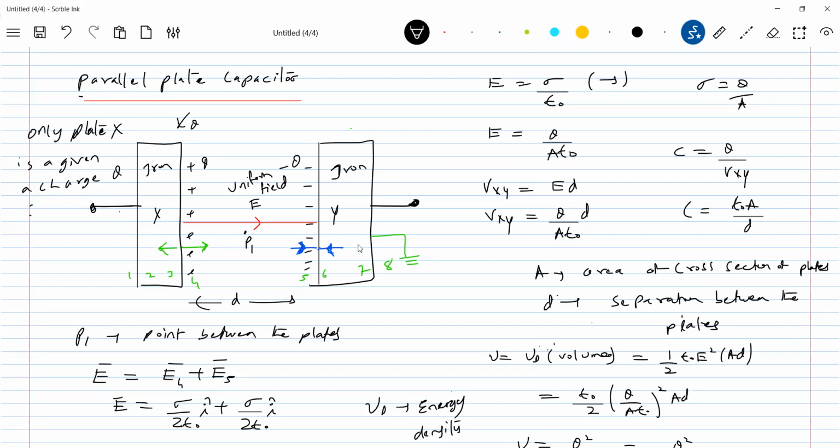Minus Q charge has come due to electrostatic induction. So I'll write it here, minus Q is due to electrostatic induction.